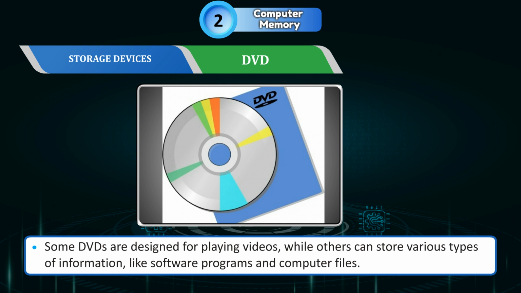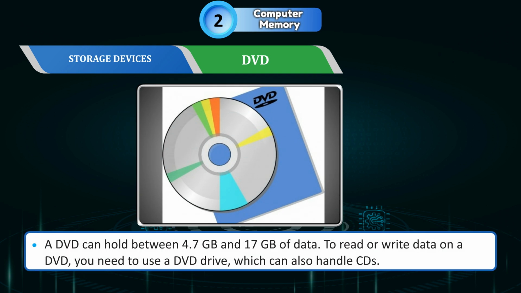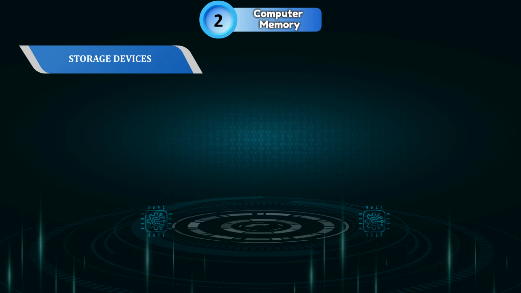Some DVDs are designed for playing videos, while others can store various types of information like software programs and computer files. A DVD can hold between 4.7 GB and 17 GB of data. To read or write data on a DVD, you need to use a DVD drive, which can also handle CDs.